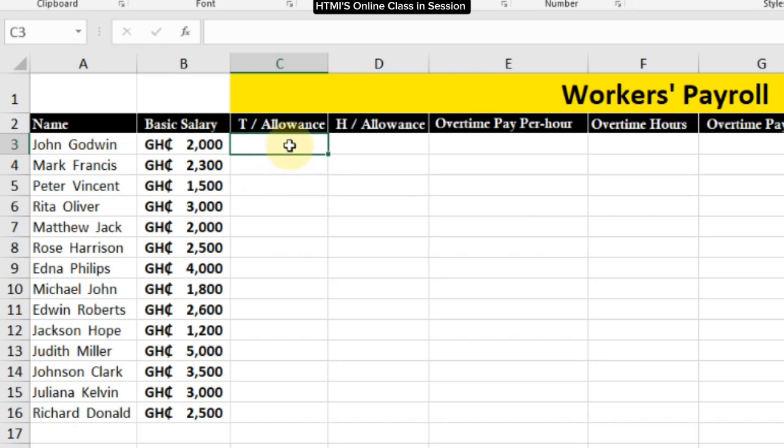We don't know what the 12% amount is, but let's create it. The transport allowance is 12% of the basic salary. So simply we put equal to basic salary, click on it, times 12%. Okay, enter. So 12% of the basic salary for the first worker is 240 cedis.